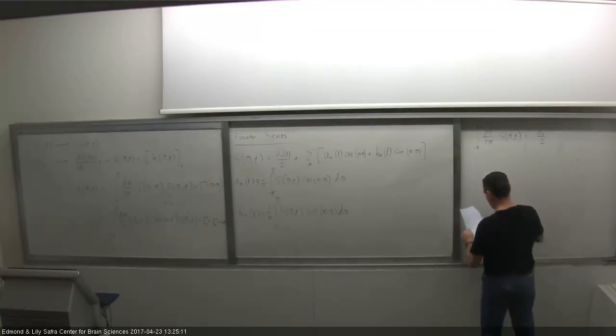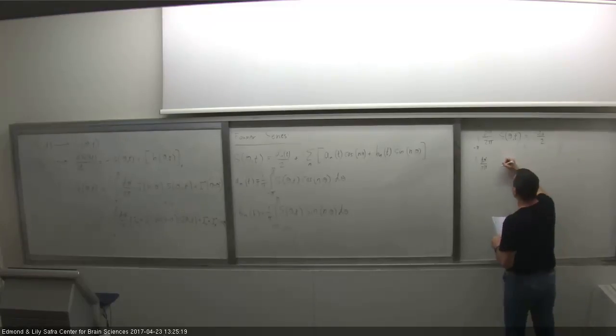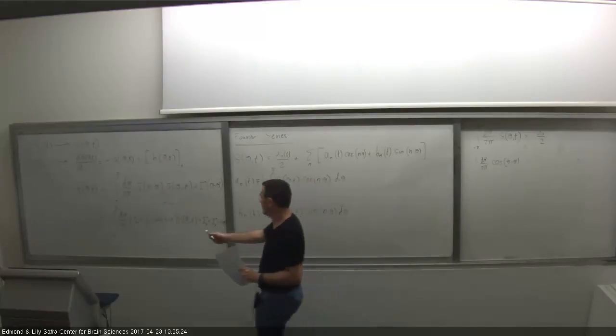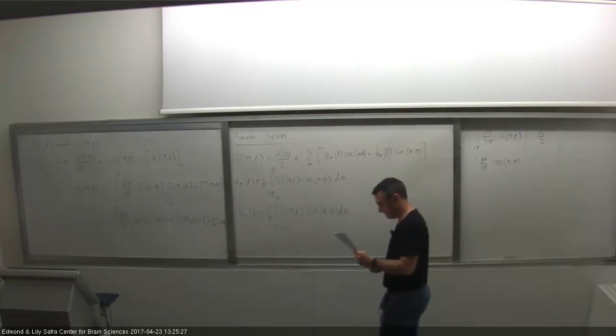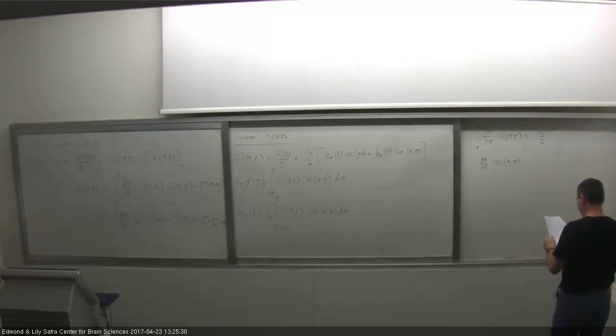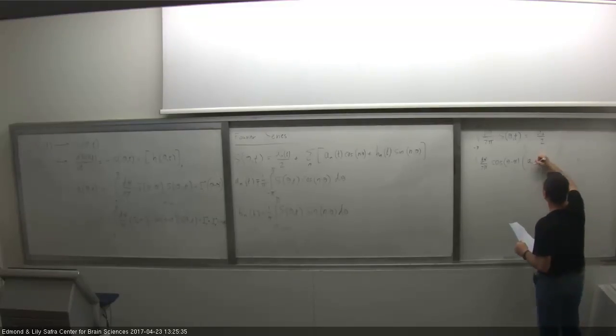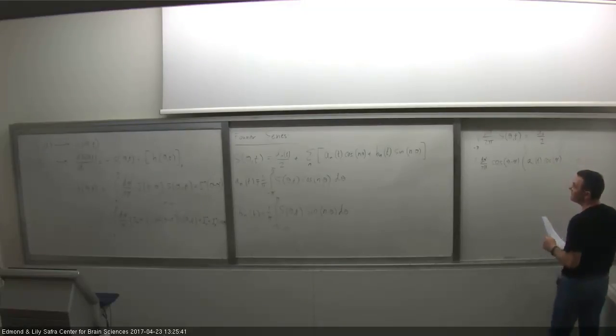We'll have a term that will look like an integral d theta prime over 2 pi of cosine of theta minus theta prime, this term, times a1 of t cosine theta prime plus b1 of t sine of theta prime.